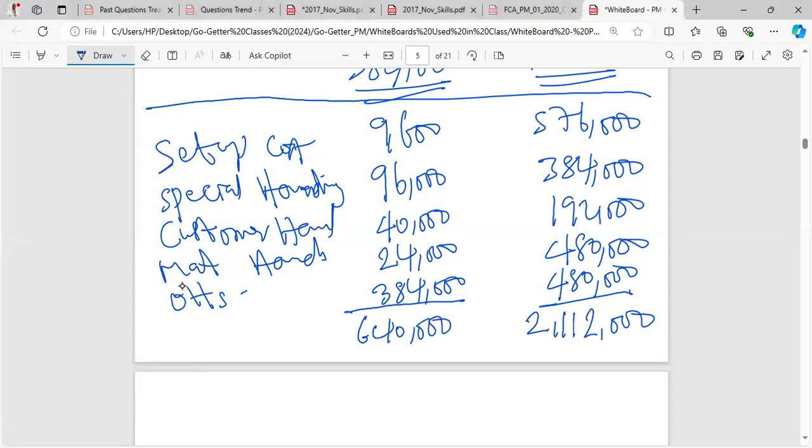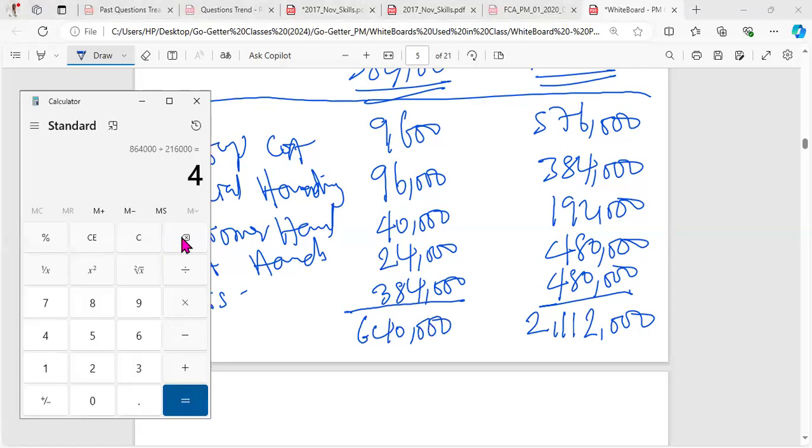Before I do anything further, it is of interest to note that if I add 640,000 to 2,112,000, it's going to give me the total overhead that we have been given before.